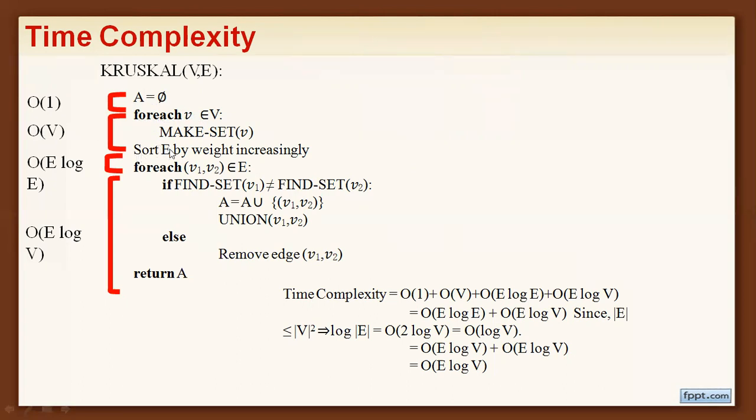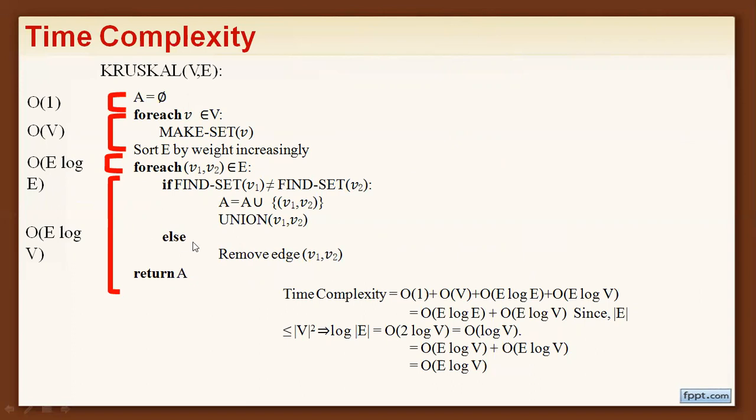And here we apply the sorting technique according to the weights of the edges in the given graph. This can be done by using a greedy strategy. The statement is executed E into log E times. This is the way you can sort the elements.